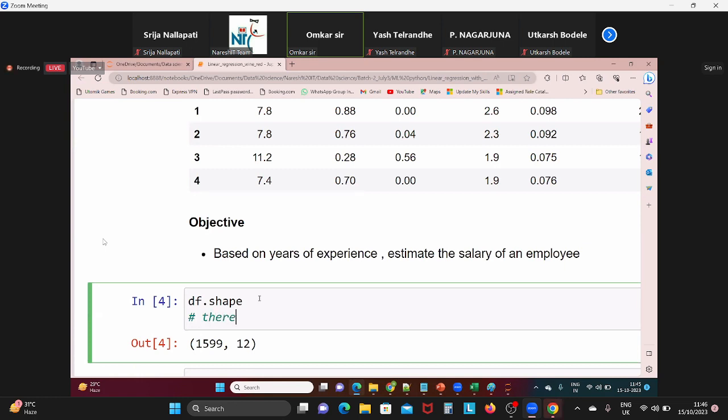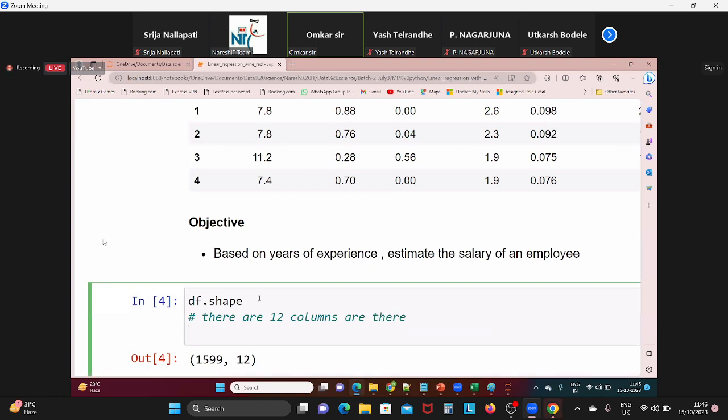There are 12 columns. And how many observations, or entries, are there? Approximately 1600 entries. Now you understood? Shape is easy. Python is easy.